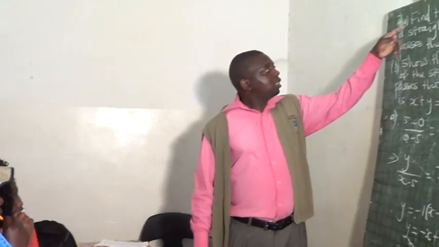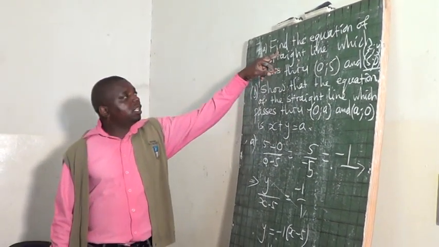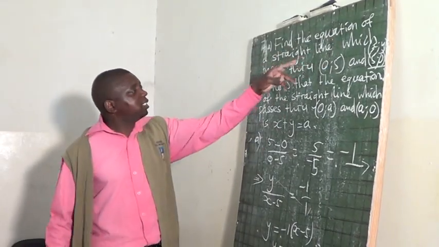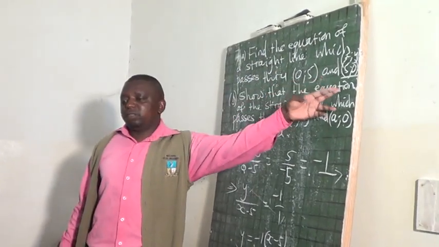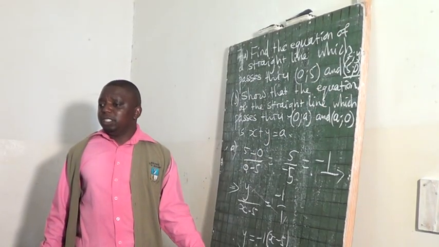So this is part A: find the equation of the straight line which passes through 0, 5 and 5, 0.